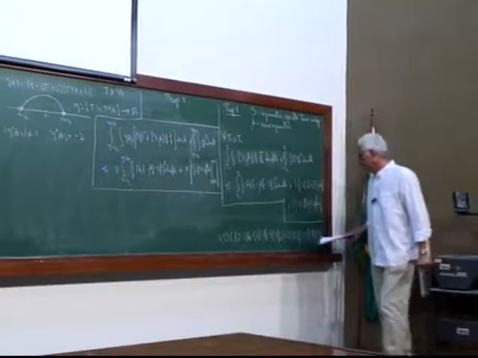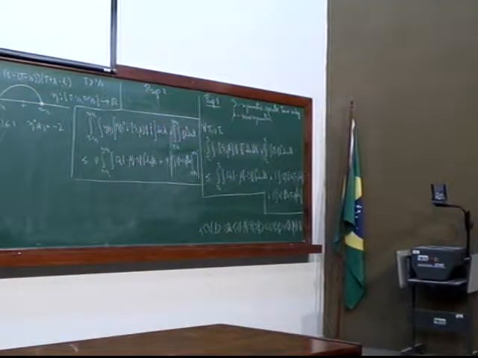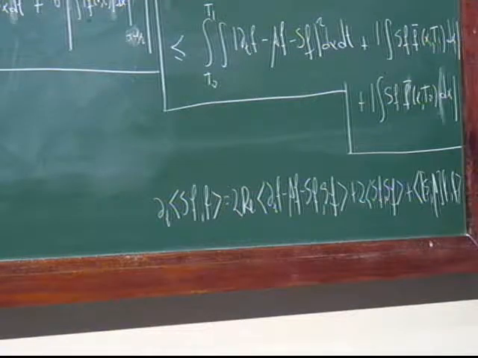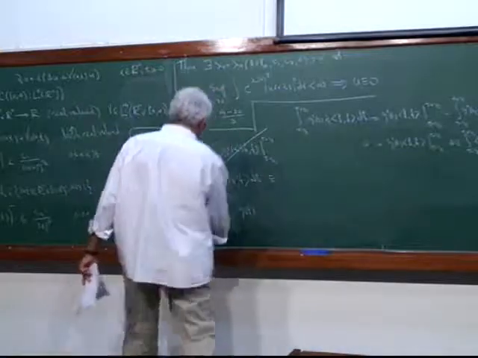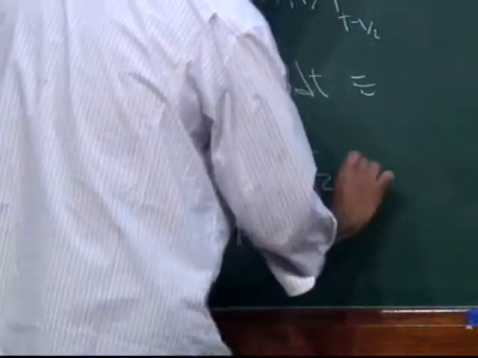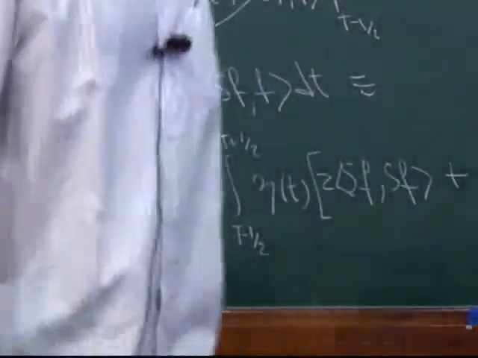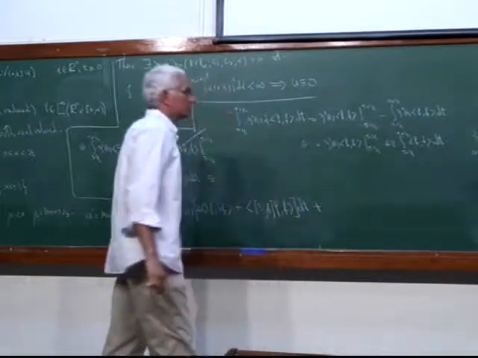Okay? Then this is equal to minus eta of twice SF plus the other part that is the commutator SAFF dt plus the other part.